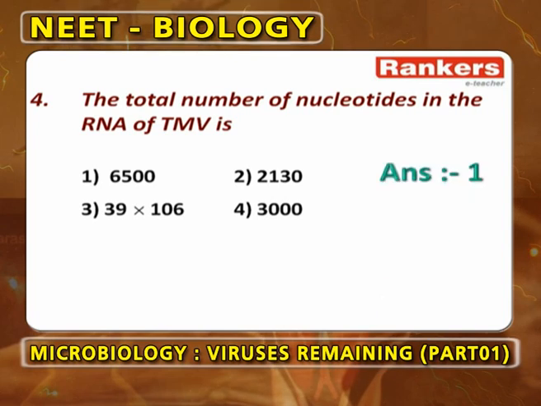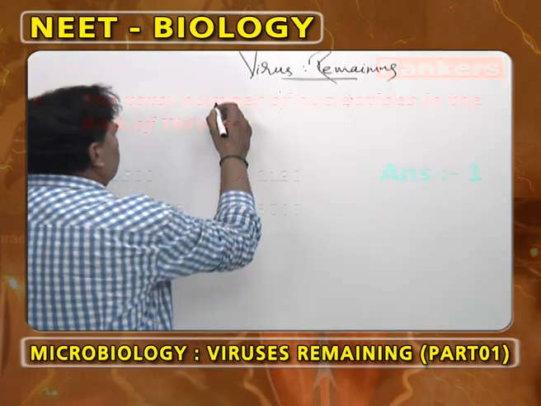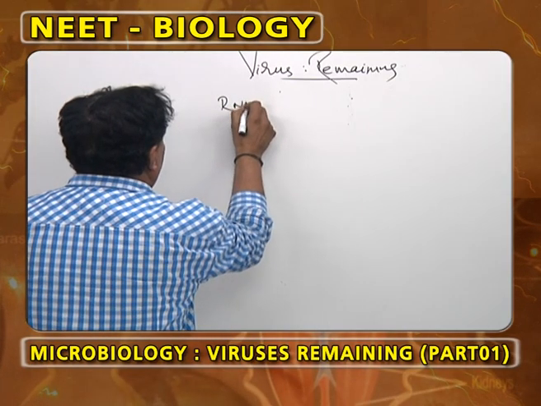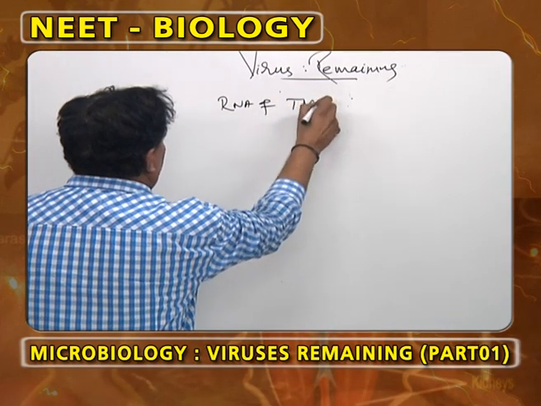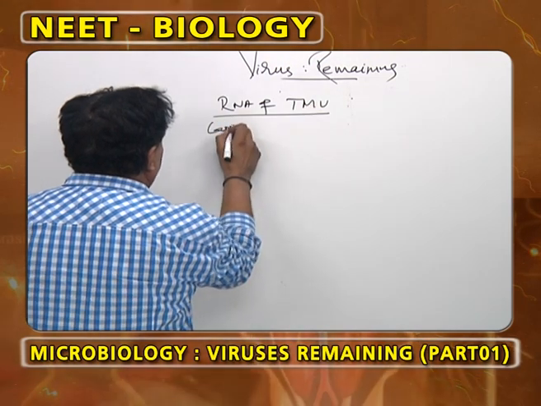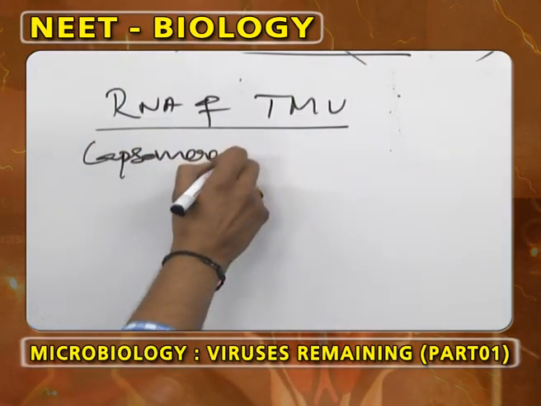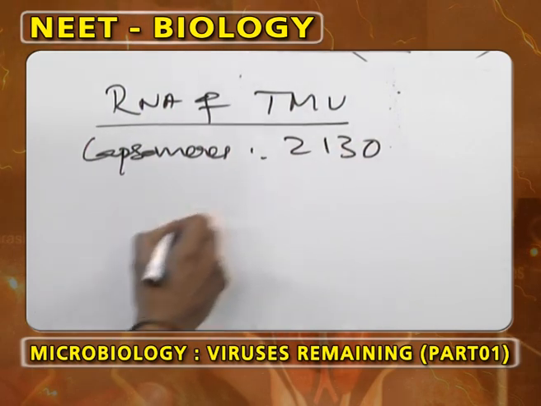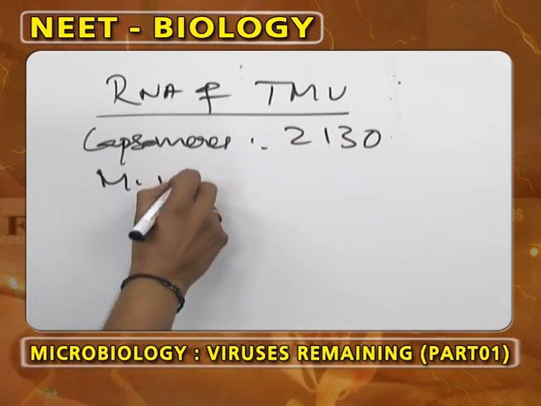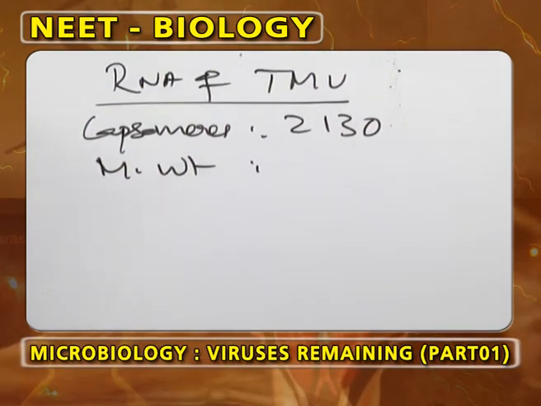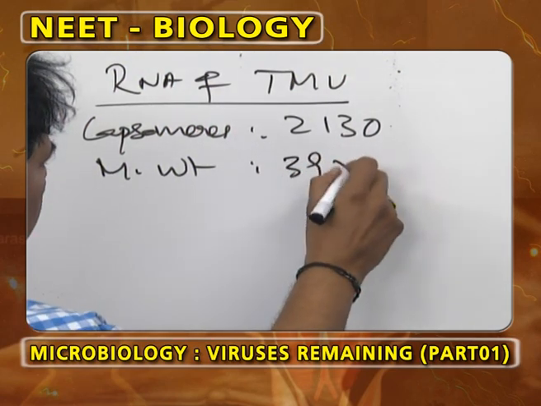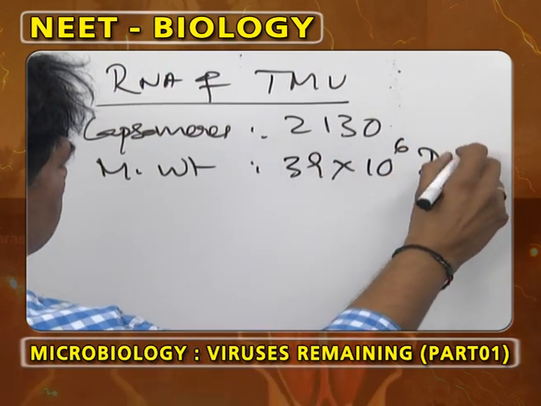The total number of nucleotides in the RNA of tobacco mosaic virus. The total number of capsomeres is 2130. The molecular weight is 39 into 10 power 6 Daltons.